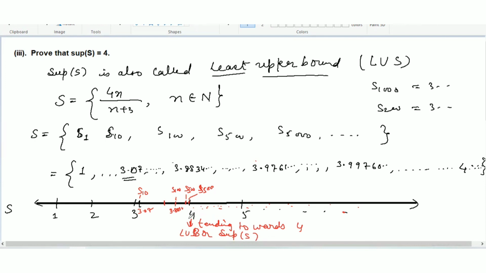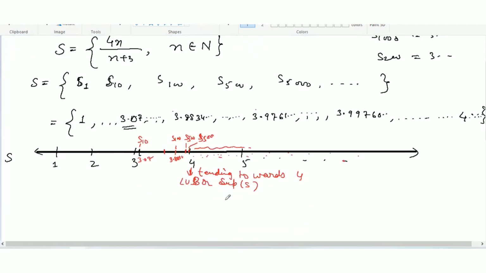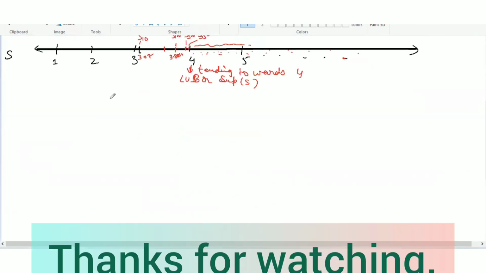All numbers greater than 4 are upper bounds, and this 4 is the smallest of all upper bounds. So we proved here that the supremum of S is equal to 4. This is the answer to this question.